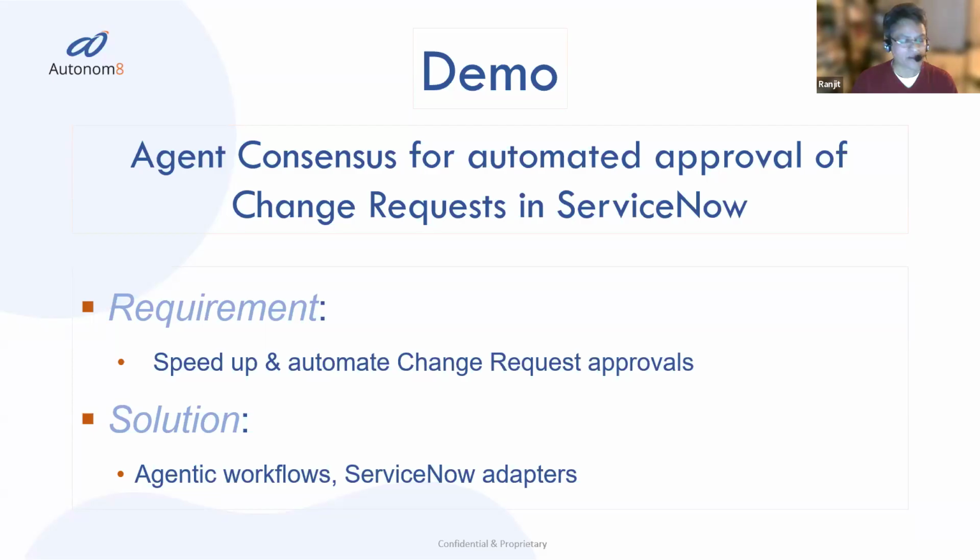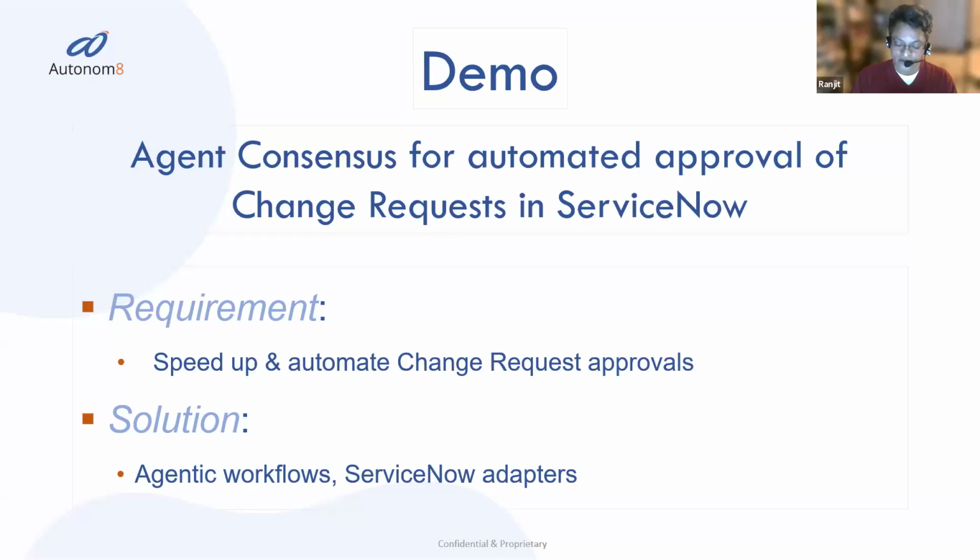This company received about 500 change requests a day because of the size of their IT infrastructure. It takes a large staff of IT managers to review these change requests and provide approval, and this results in change requests being processed very slowly. The turnaround time is anywhere between 48 to 72 hours for approval.